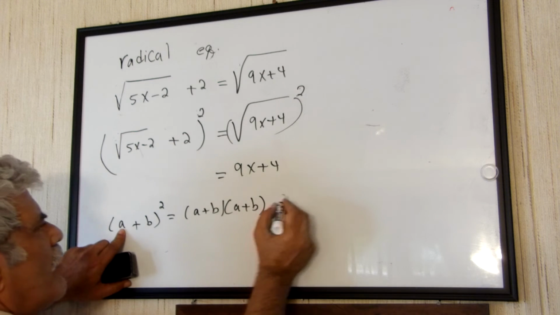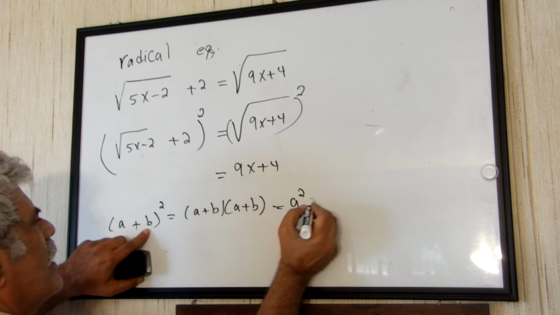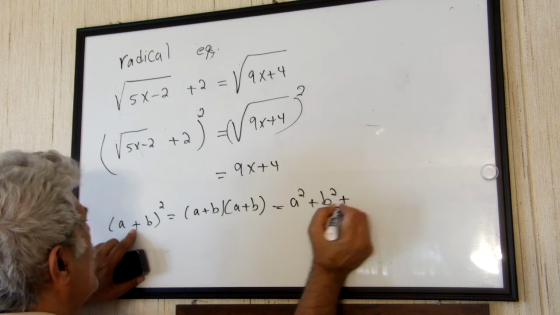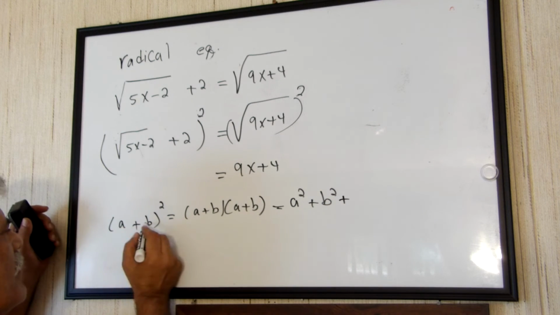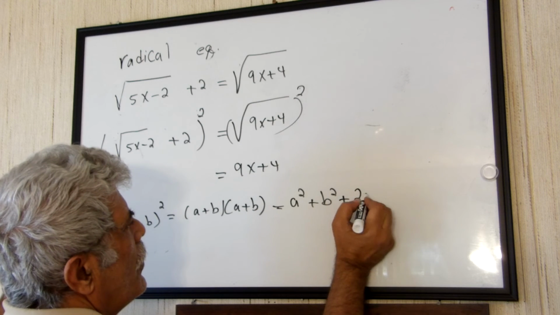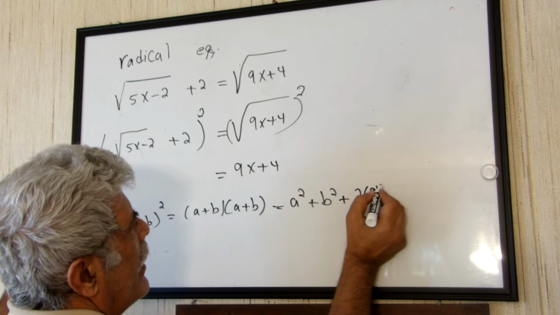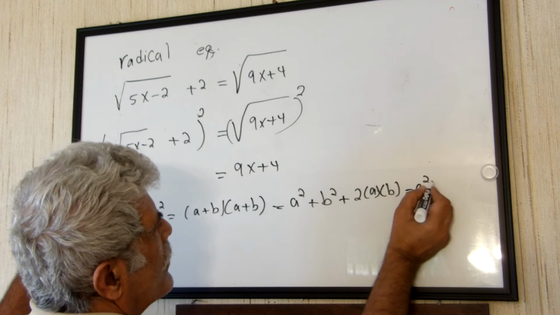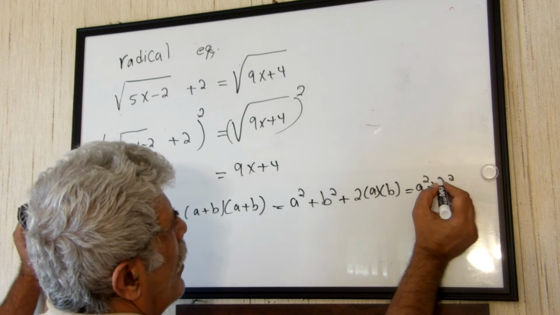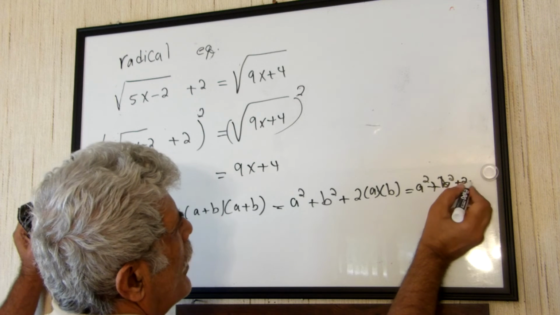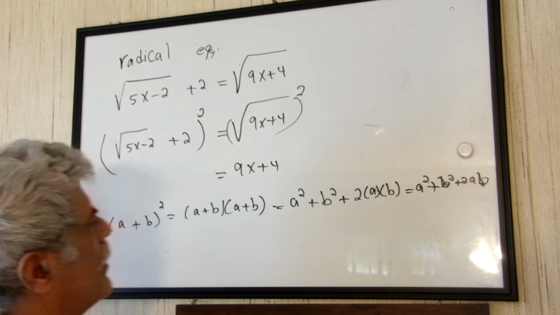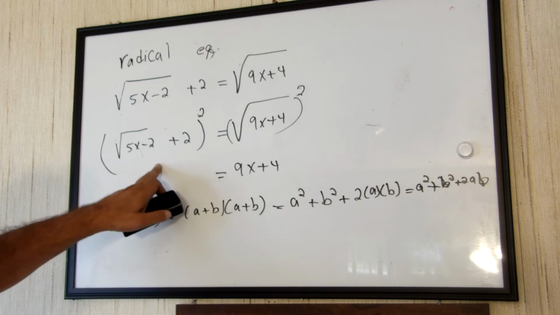The first item raised to the power of 2, the second item raised to the power of 2, and then the plus sign here, plus 2 times the first one times the second one. So it's going to be a squared plus b squared plus 2ab. We have to do the same thing for this.